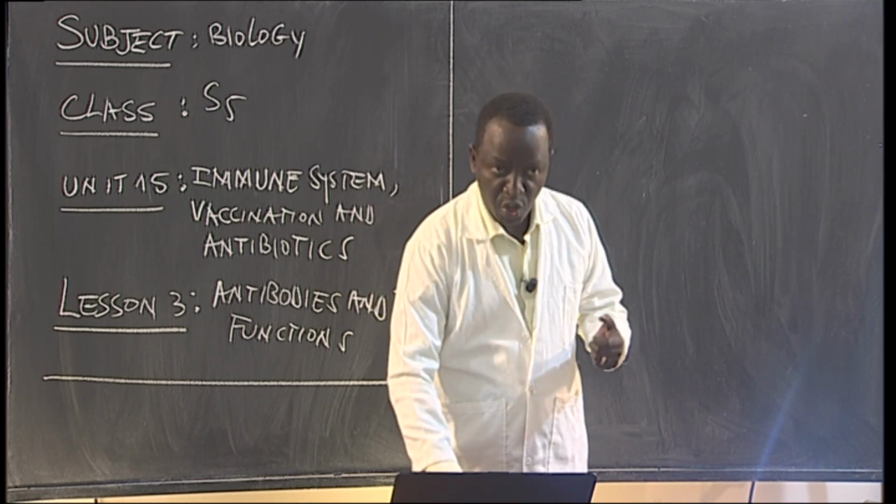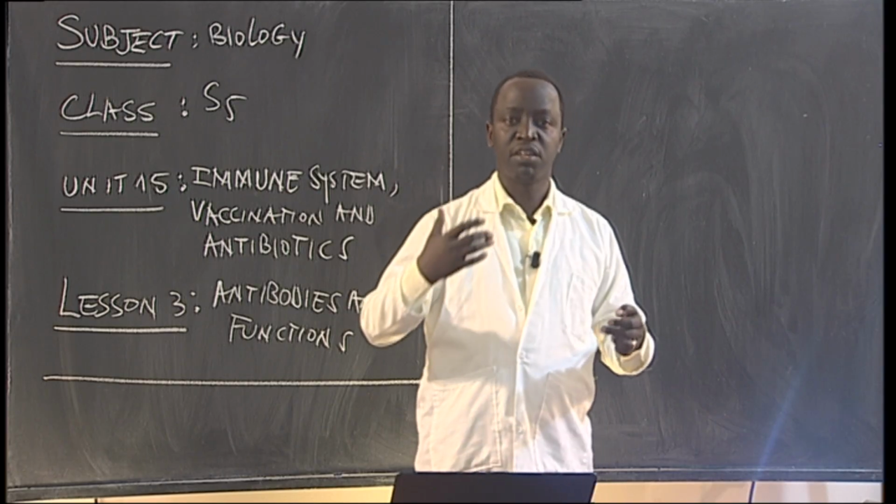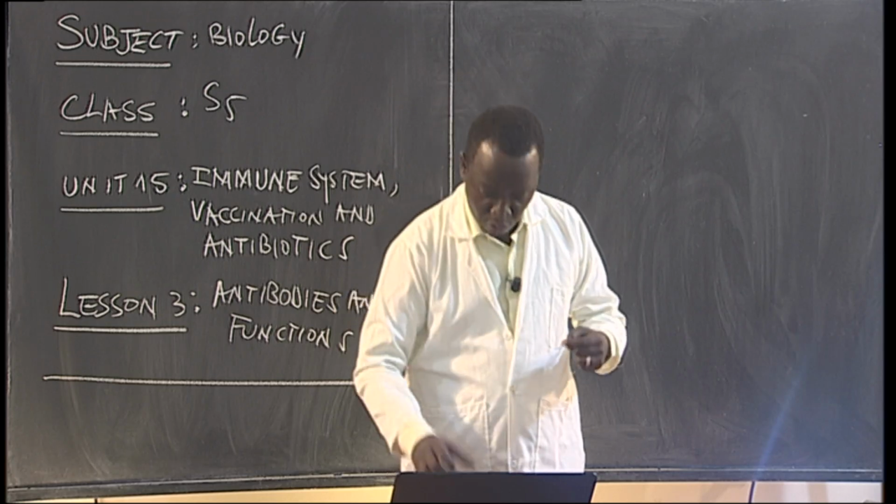And then the other remaining occupy only 20%, which means the highest number of antibodies we are having is this IgG antibodies. They are there just to recognize viruses and bacteria.